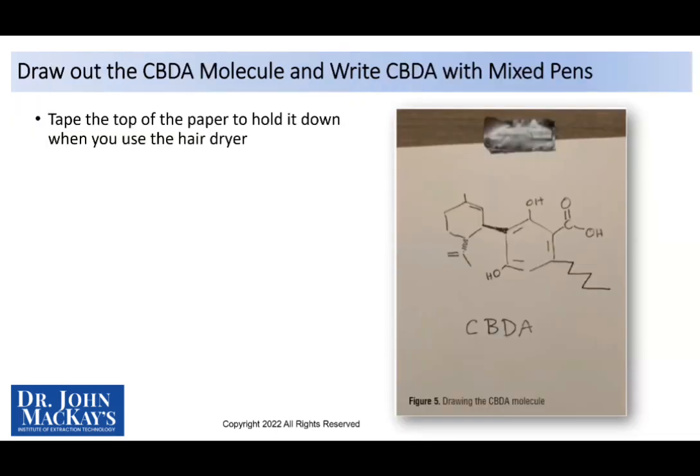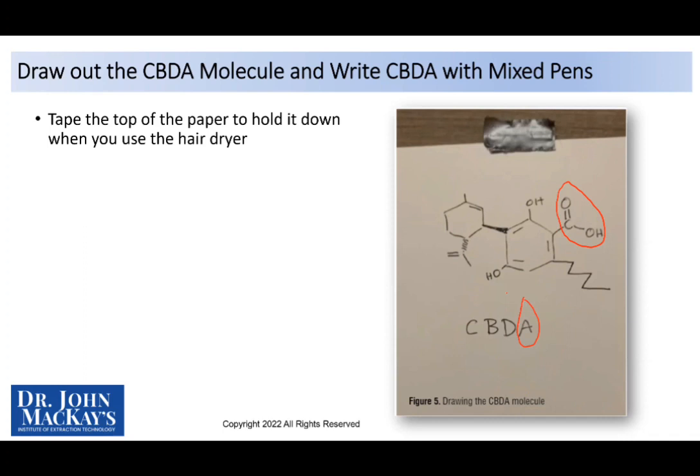Now you tape the piece of paper to the table. Try not to destroy some furniture in the meantime, and then draw this molecule. There's a couple of things that are very interesting on this molecule that we want to explore. One of them is the carboxylic acid group up here. And then the other one is the A on the CBDA.